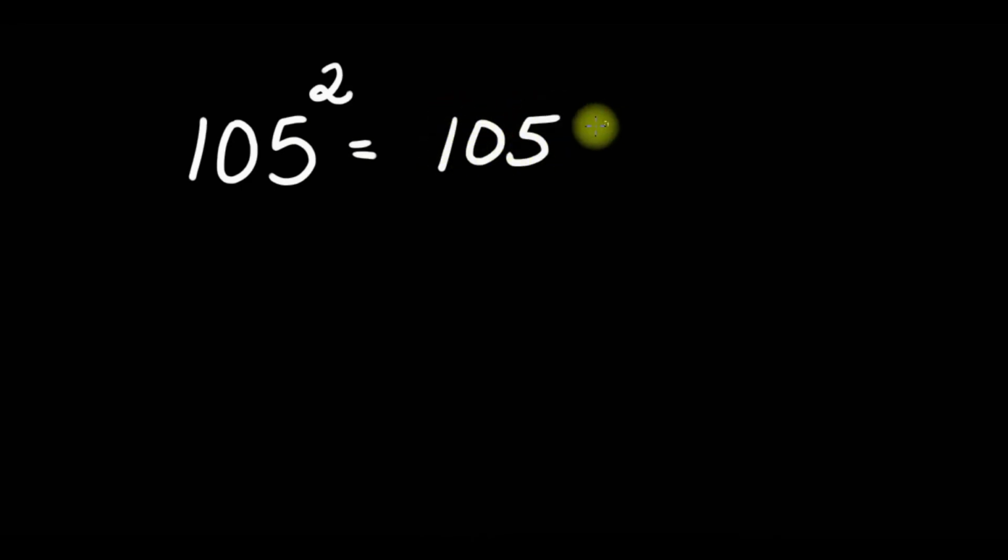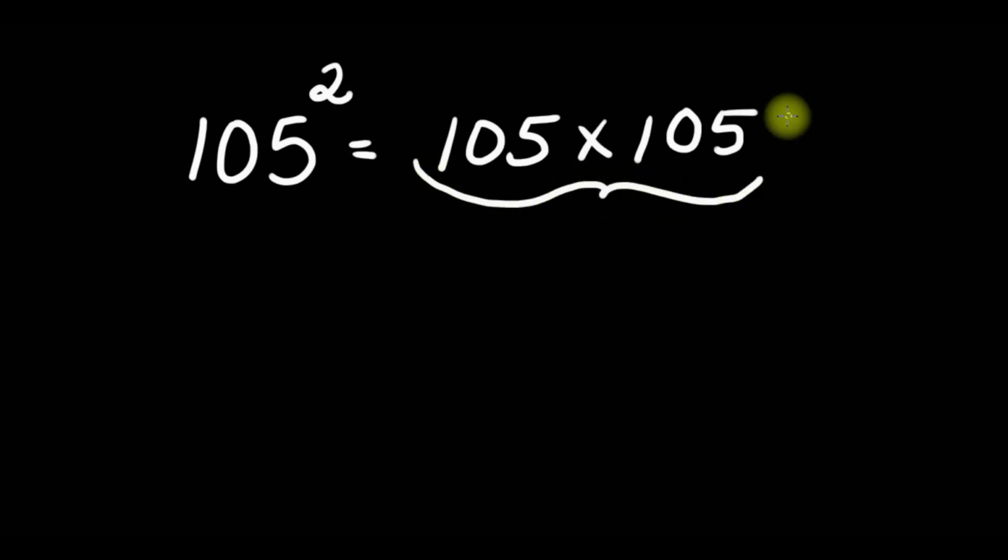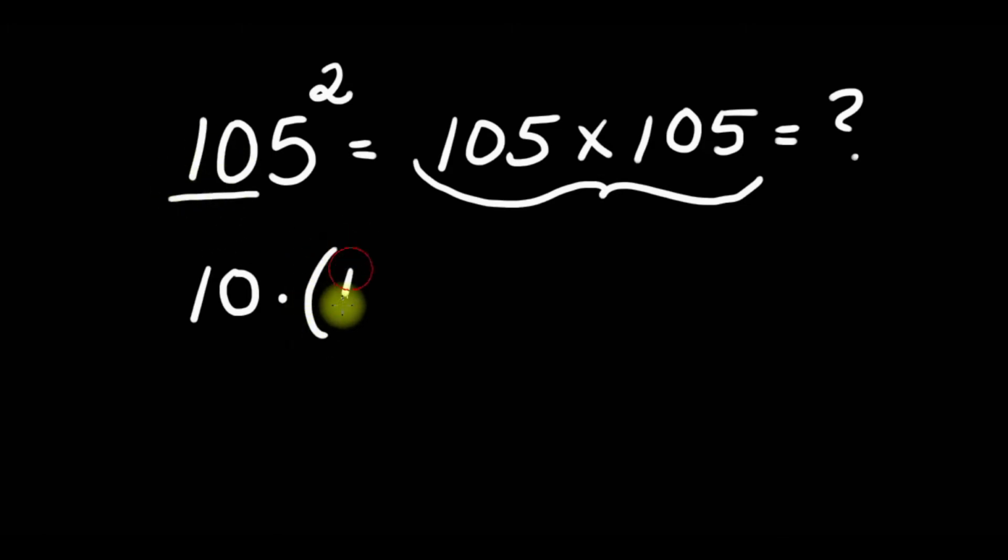How about we try this one, 105 squared. To square this the long way, you would have to take 105 times 105. How long do you think it would take you to multiply these two numbers? To square this the fast way, take this number right here, 10, times the first number plus 1.